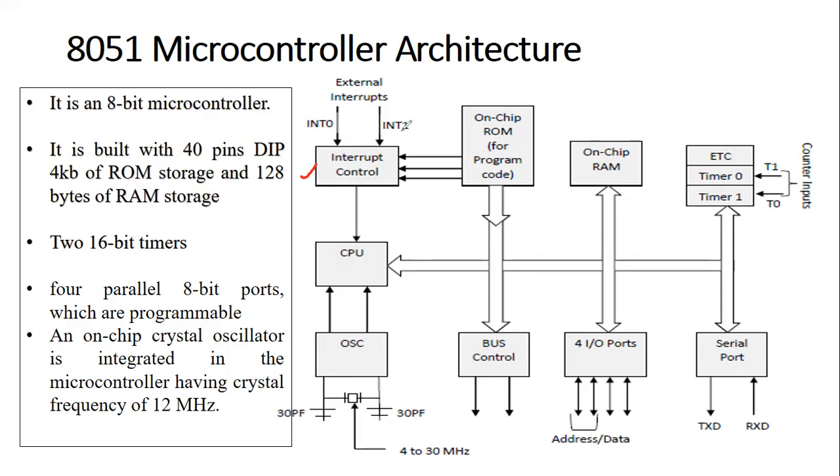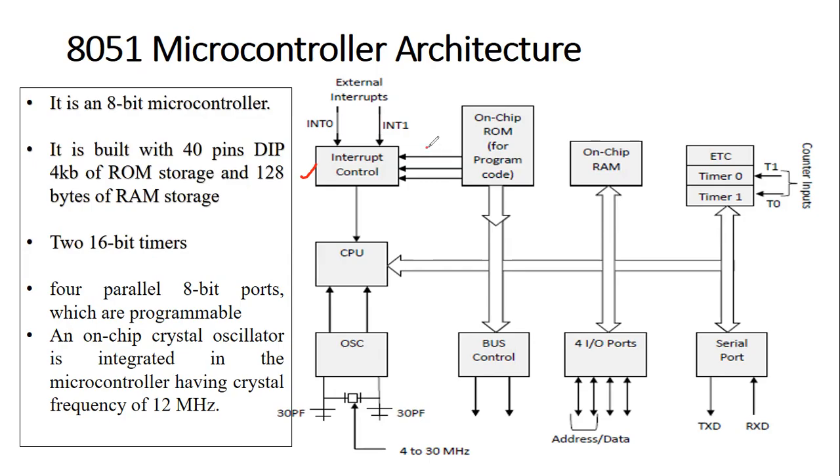These two are the interrupt pins, and in the pin diagram you have seen these two INT0 and INT1 pins, and these are the external interrupts. You can see the arrow is pointing towards the interrupt controller. It means the interrupt is generated externally and arriving at this microcontroller.